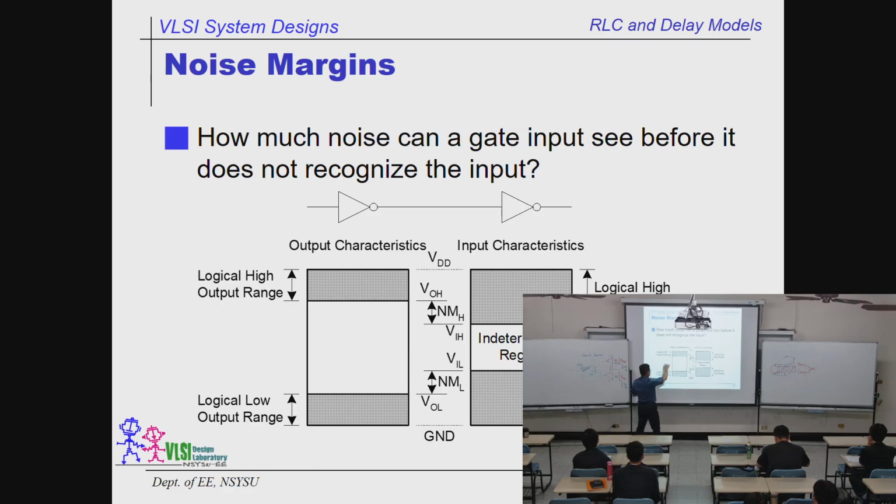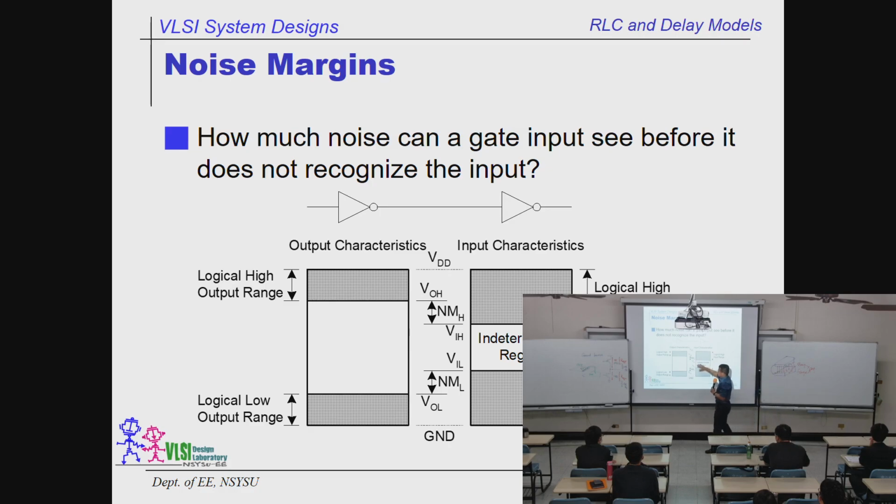These are two thresholds. If we can send a signal higher than this one, this signal can be recognized by the follower, the second inverter, to correctly recognize it is high. Is that understood? Okay, so that's a logic high output range.